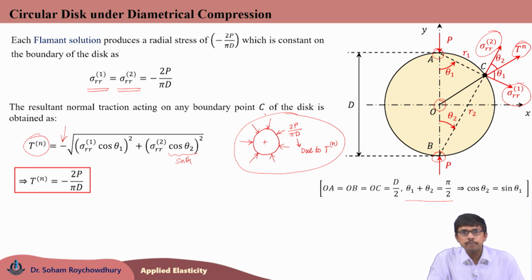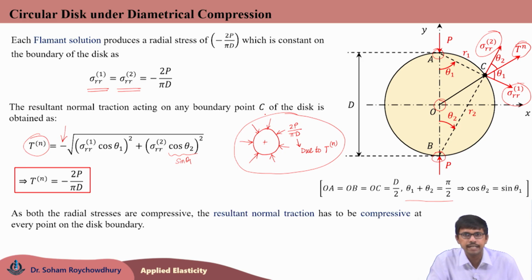So, this compressive Tn of amplitude 2p by pi d is required to be removed, and that we are doing by adding a third state of stress, which is a purely tensile radial state of stress of amplitude 2p by pi d.